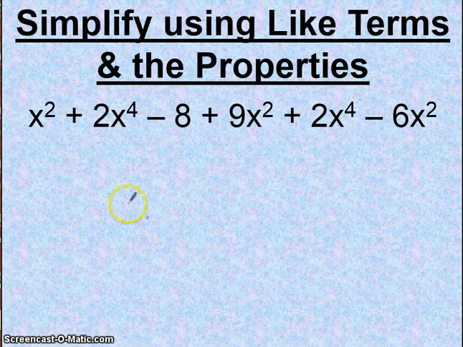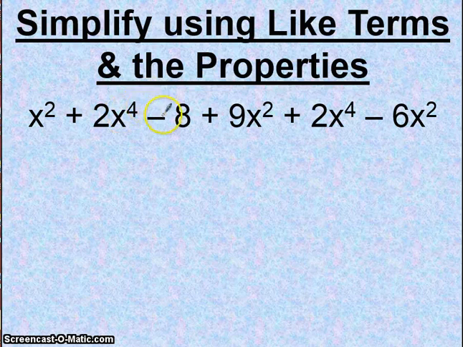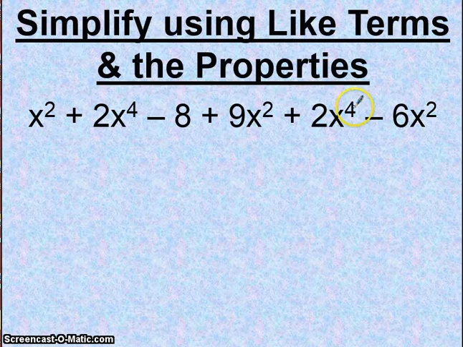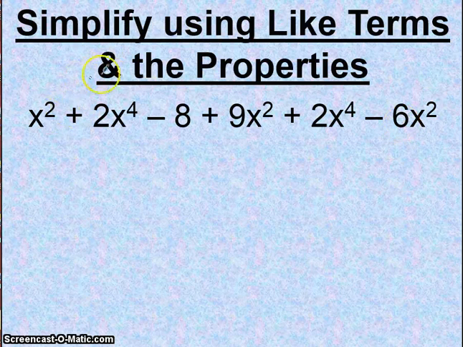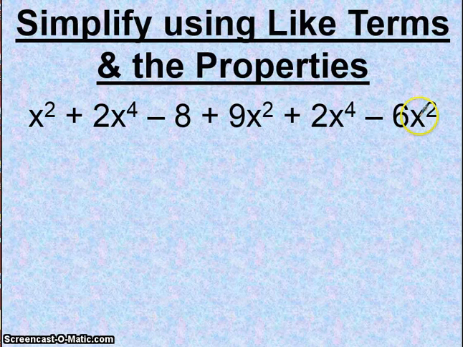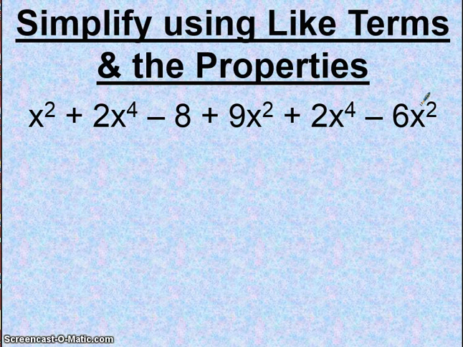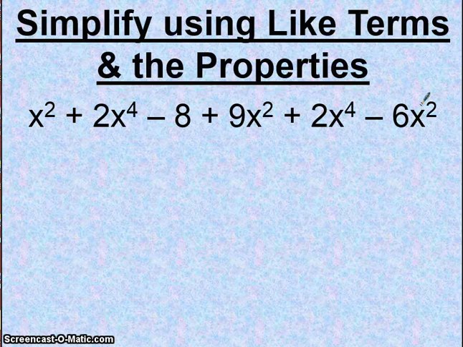Let's look at another example. We have x squared plus 2x to the fourth minus 8 plus 9x squared plus 2x to the fourth minus 6x squared. Very long expression, has 1, 2, 3, 4, 5, 6 terms. Now, I want to also show you that with a very long expression, when you're thinking about how many terms, you can also decide how many your answer will have.